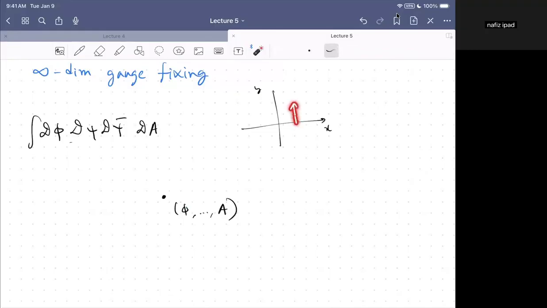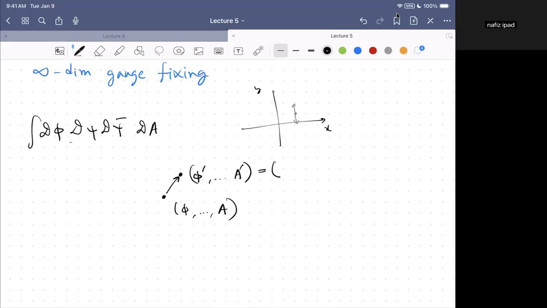So when we varied y, we moved in the vertical direction. That was the direction of redundancy. So what can we do starting from here? We can do a gauge transformation. So starting from phi and A, you can construct another set of fields, phi prime, A prime, which are given by gauge transformation, right?